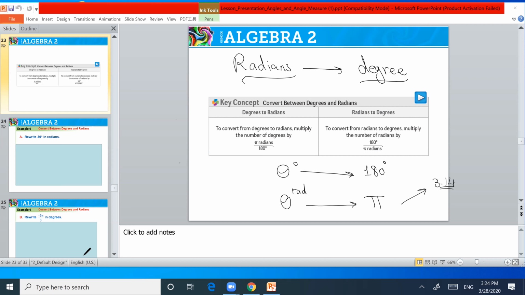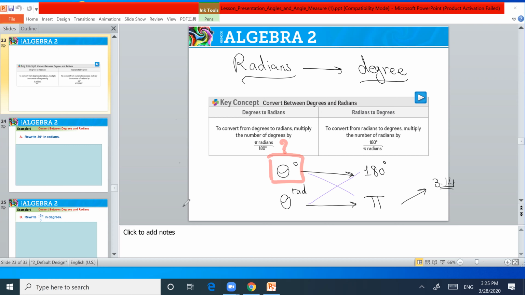If we want to find the degree measure, so the degree measure is missing. What shall we do? We make a cross multiplication to find the degree measure.